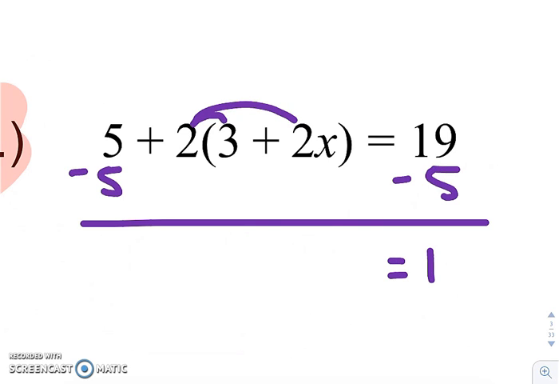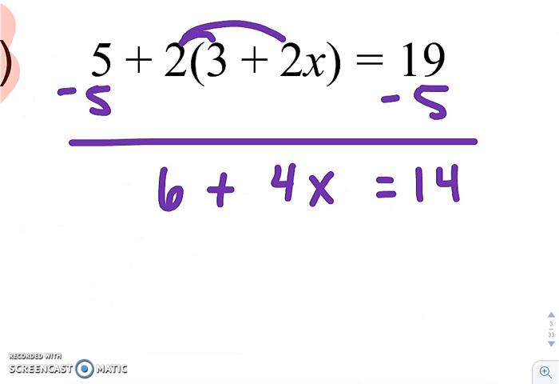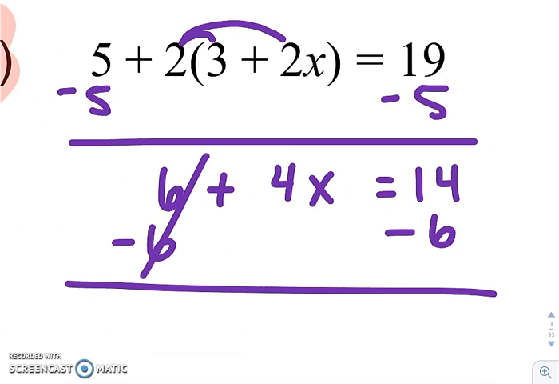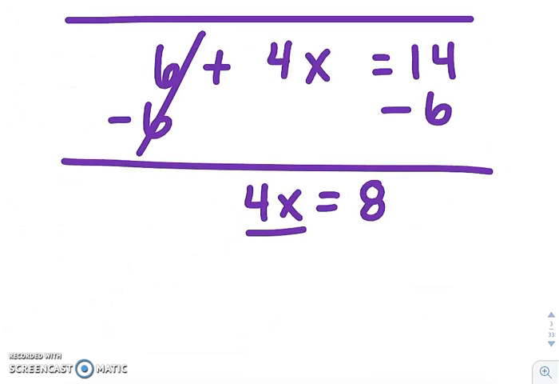The right will now be 14, and the left will be 6 plus 4x. Since the x is already over there on the left, I'm just going to subtract the 6. And we get 4x equals 8. Divided by 4, and this one does give you a whole number.